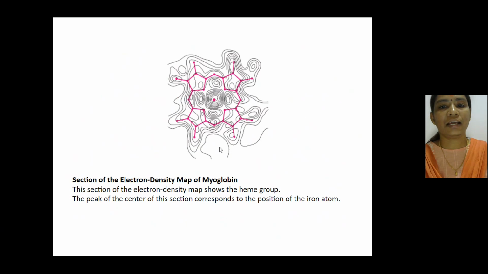Here you can see some of the black lines, right? This pink one is the position of myoglobin, which is placed on the electron density map. In diffraction, from the diffraction pattern you get the electron density map, and that electron density map is these lines. You can see here this iron atom and how it has the electron density map.